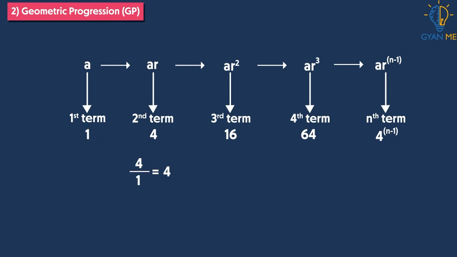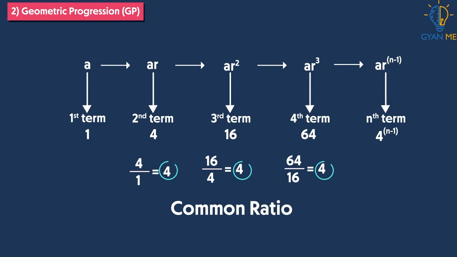Similarly, if we take the ratio of 16 with its preceding term 4, we will again get 4. Same, the ratio of 64 to 16 will give us 4. Thus, here 4 is the common ratio. Note that it is not the common difference, it is the common ratio.